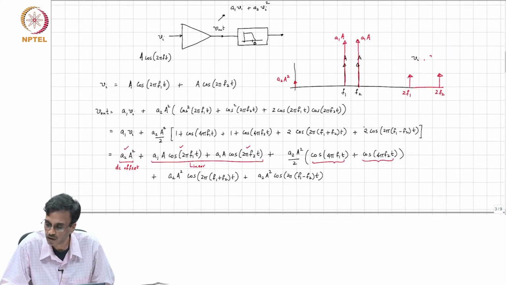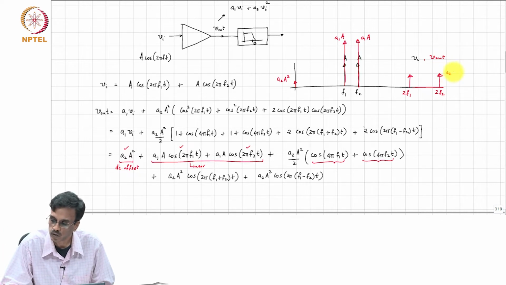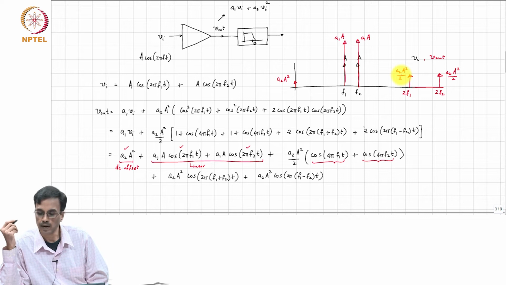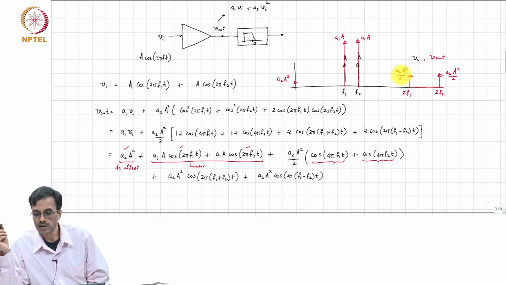So, this is V out in red. And we also have f1 plus f2. Where would that be?